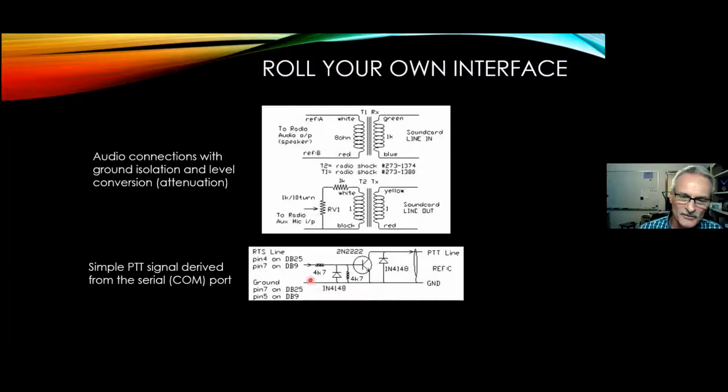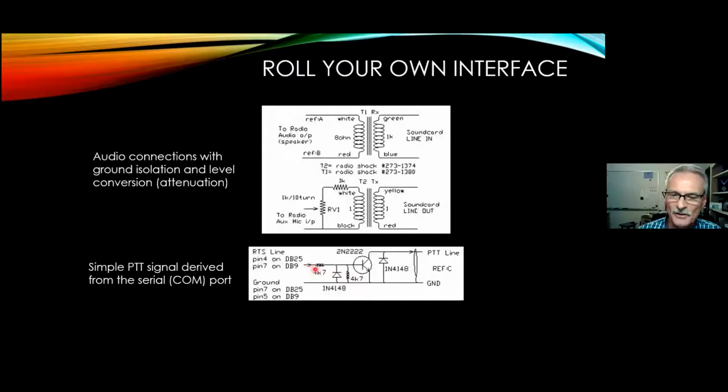In this case, what I utilized on that particular interface was the communications port, the COM port, or the serial port out of the laptop. We just take one of the lines on the serial port, which conveniently is called request to send. Very simple interface here.